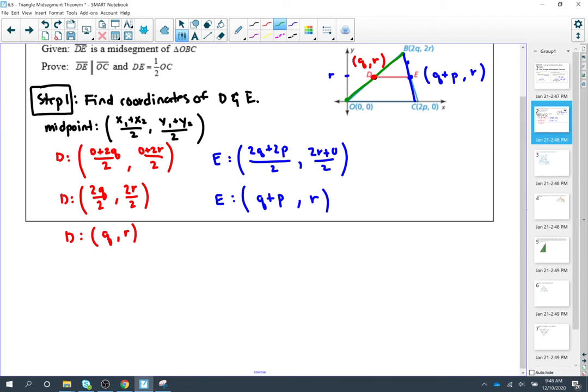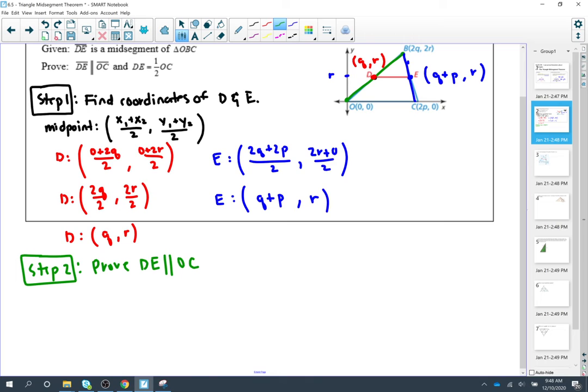Now, step 2. Step 2, we're really trying to prove the midsegment theorem. So the first part of the midsegment theorem, if I look back up, is DE is parallel to OC. So in step 2, we're going to prove that DE is parallel to OC.